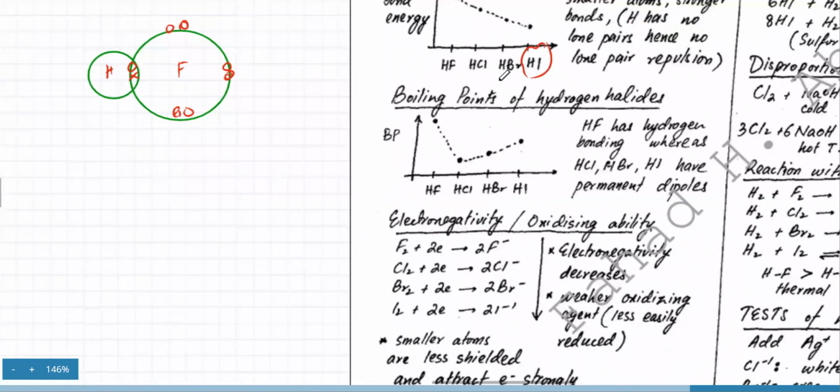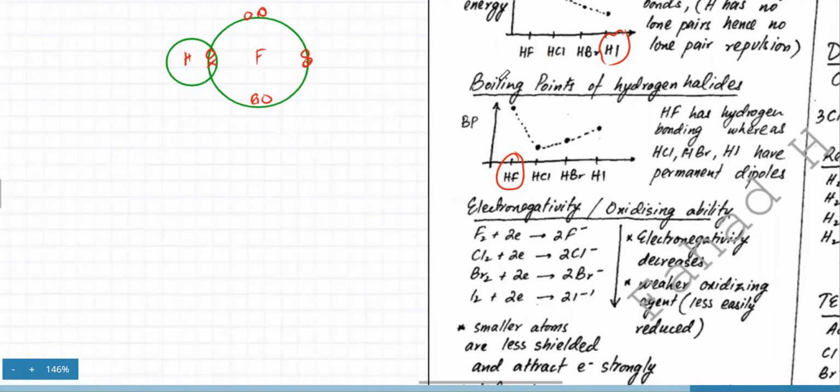And then we're going to talk about the boiling points of hydrogen halides. HF has a very high boiling point, and the reason is that it's capable of forming hydrogen bonds because of the very strong charge density of the lone pairs, and because of the highly polar nature of the bond, because fluorine is one of the most electronegative elements.